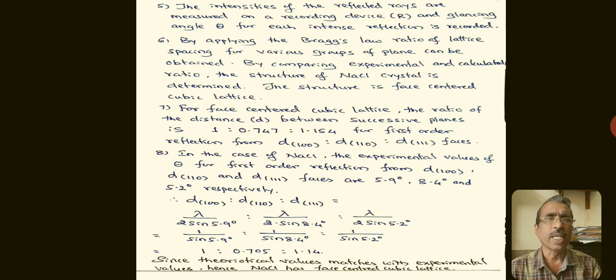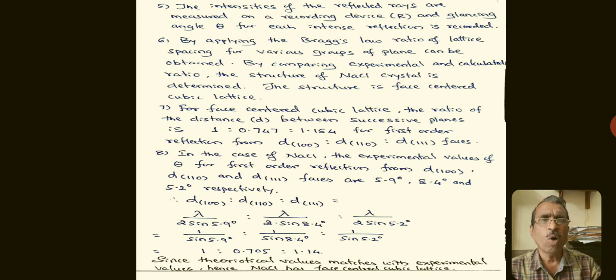The structure is a face-centered cubic lattice. For a face-centered cubic lattice, the ratio of the distance d between successive planes is 1 : 0.747 : 1.154 for first order reflection from the d100, d110 and d111 planes.